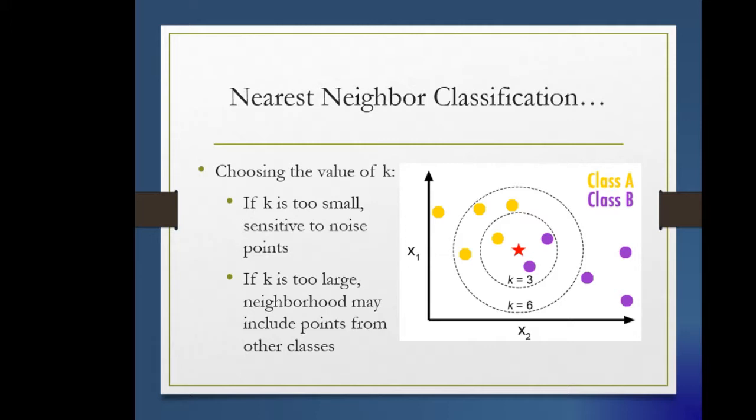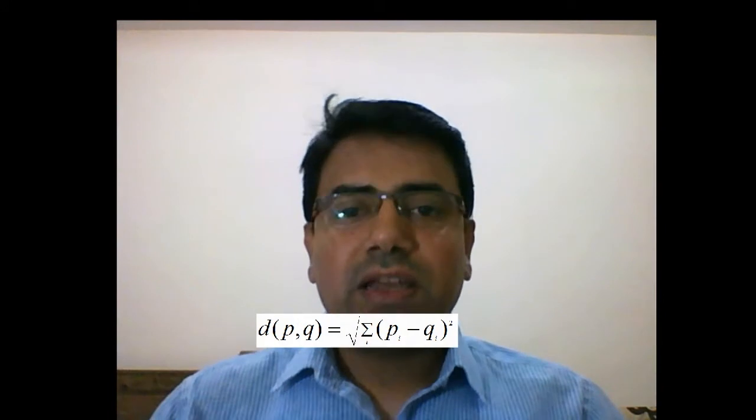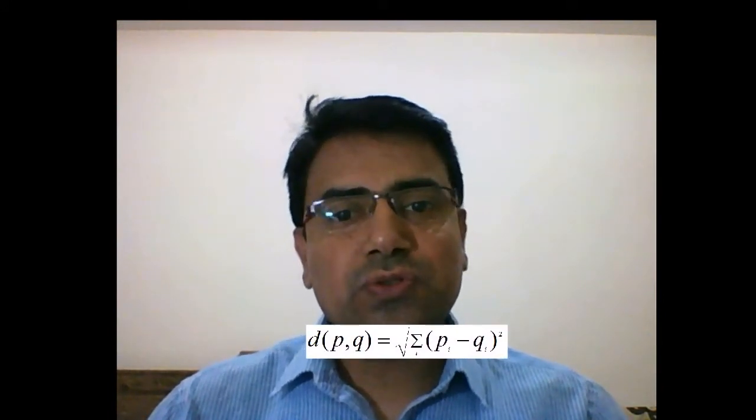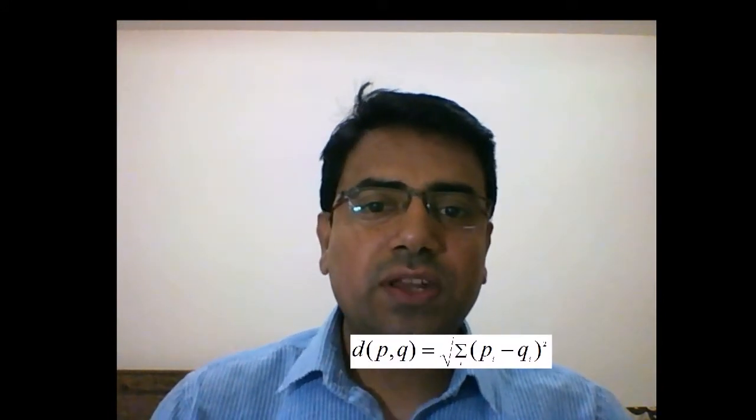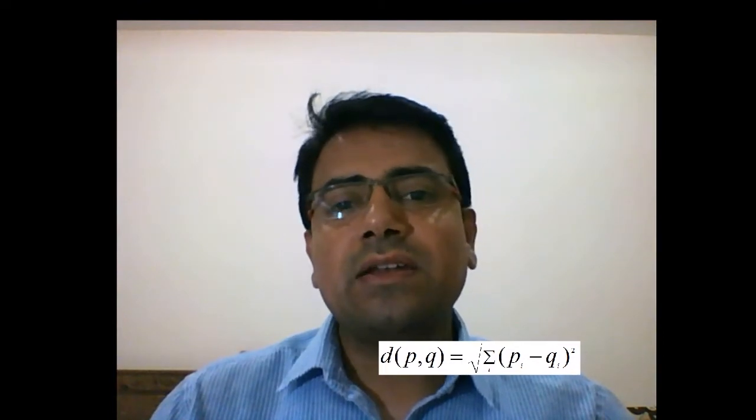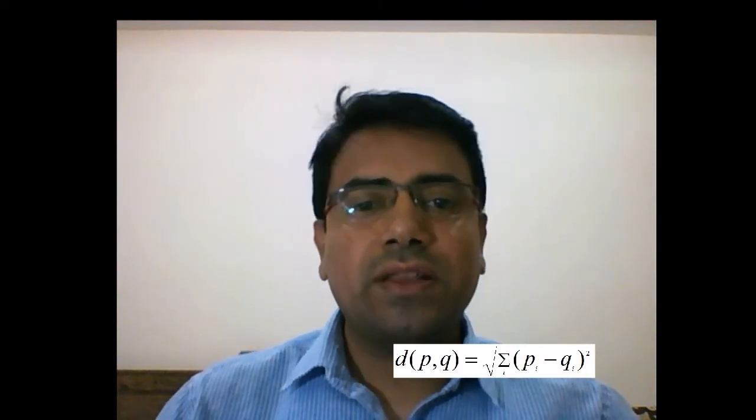Therefore, choosing the k value is very sensitive and important to achieve a better classification rate. The K-nearest neighbor classification technique utilizes a similarity technique such as Euclidean distance. The Euclidean distance is used to measure the distance between the unknown sample and the known samples of the set.